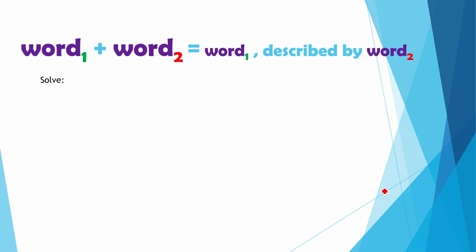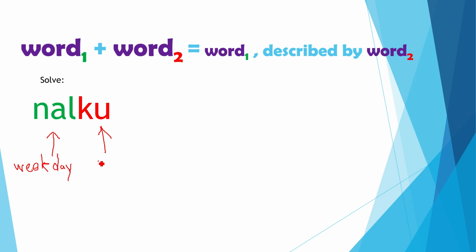Okay, let's take a look at another example. Solve nal ku. Okay, so same logic. What is nal? Well, nal means weekday. And ku, what is ku? Well, ku just means 2. So again, according to the formula, nal ku equals weekday described by 2.